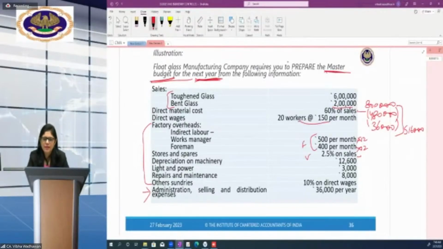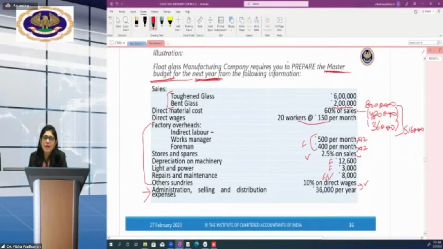So first you can deduct the variable factory overheads first, or you can just split the fixed and the variable. So stores and spares are variable. Depreciation, let's consider as fixed. Light and power, consider as fixed. Repairs and maintenance, you can consider variable or fixed, whichever way you like. Other sundries, of course, they are variable, right?